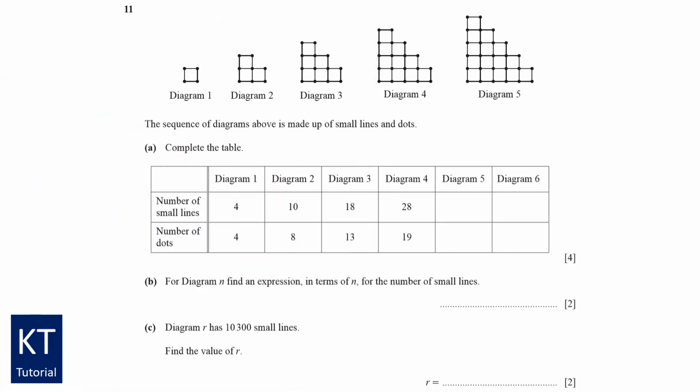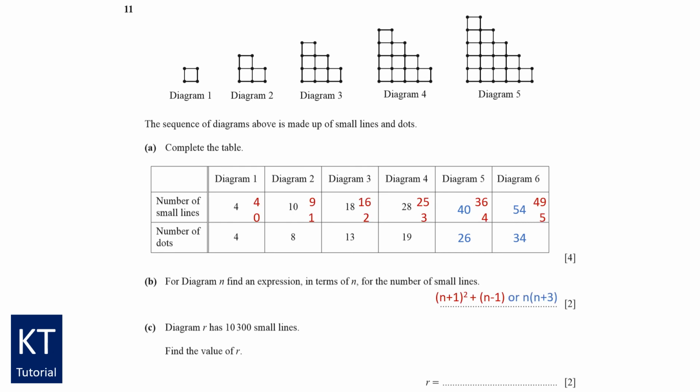Question 11. The sequence of diagrams above is made up of small lines and dots. Complete the table. For its first row, the number would stack up by 6, 8, 10, 12, 14. For its second row, the number would stack up by 4, 5, 6, 7, 8. Next, for the diagram n, find an expression in terms of n for the number of small lines.